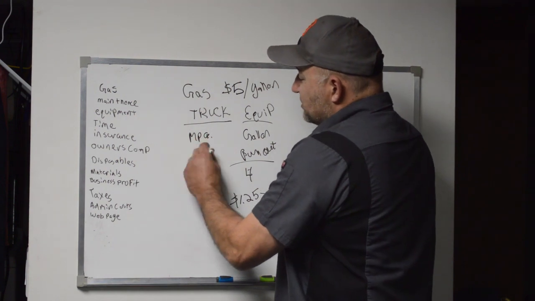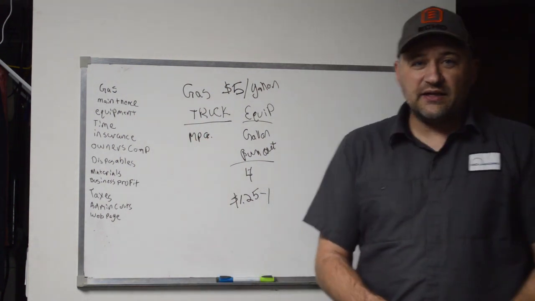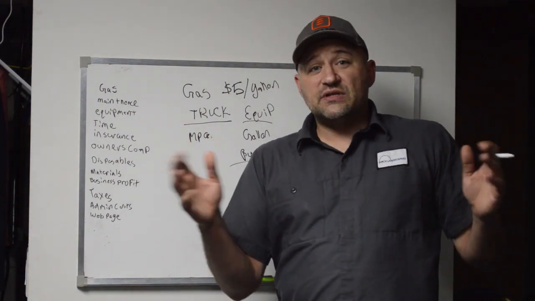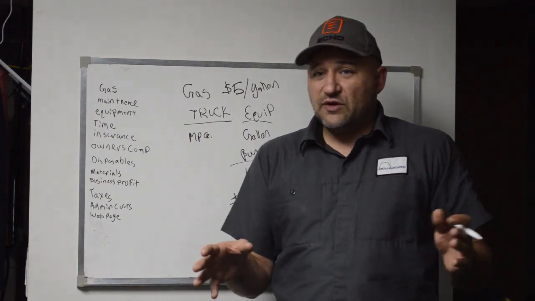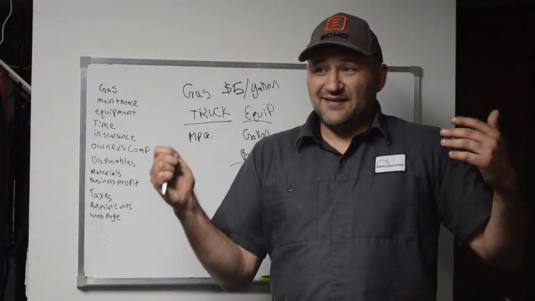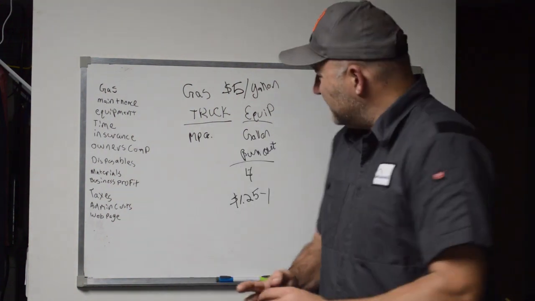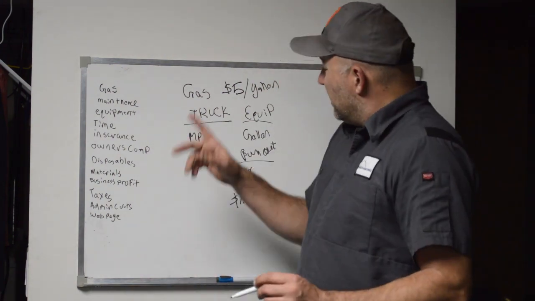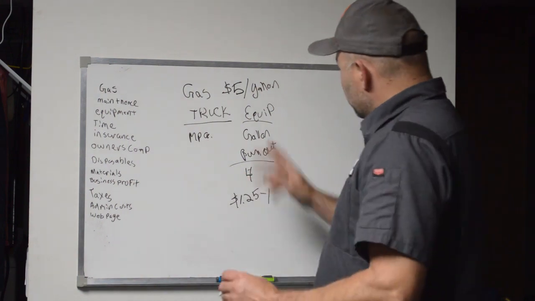How do we figure miles per gallon? Well, there's an old-fashioned way between fill-ups: you figure out how much gas you used and how many miles you've driven, and you record it in a little book. I haven't done it since I was in high school and first started driving, but you can go online and look it up if you want to do it that way. However, there's a couple other ways.